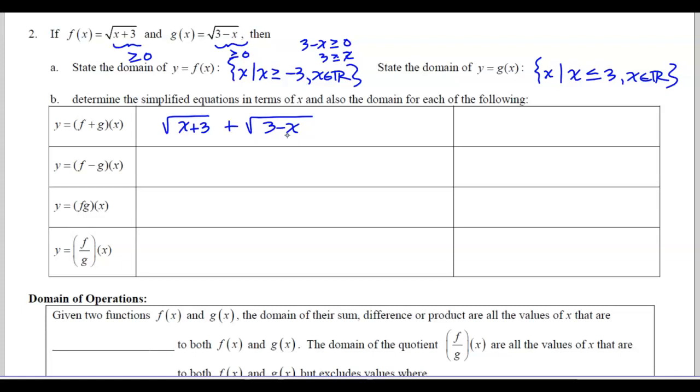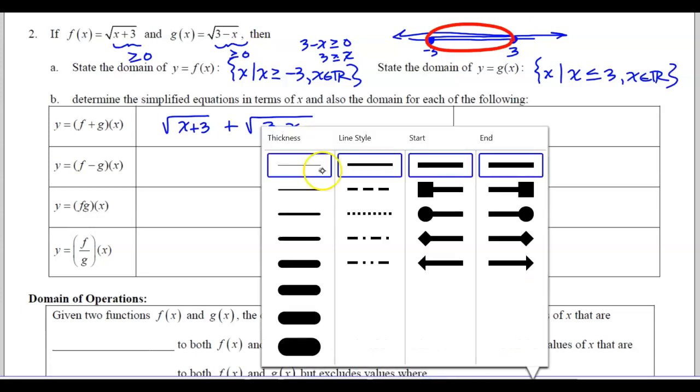So that's where you draw a number line. That's why we practice this at the beginning of the semester. We want to look at x greater than or equal to -3 would be this way. X less than or equal to 3 would be this way. And we have to see where they overlap. That's going to be the domain of our adding, subtracting, multiplying, and dividing. Dividing, we might have even a little bit more of a restriction. So, what is that?